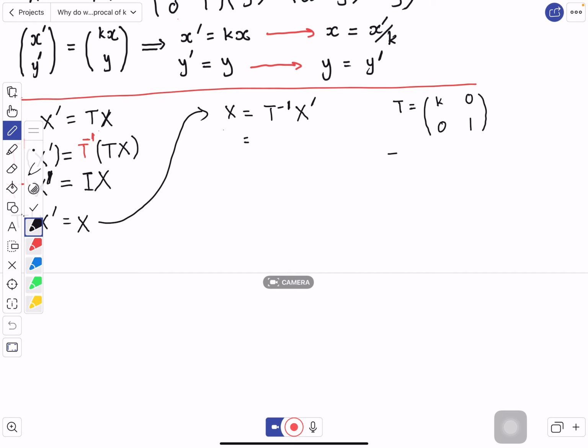So T inverse would be equal to, we're going to switch these two, and we're going to get the negative of these two. This and this will be negated.